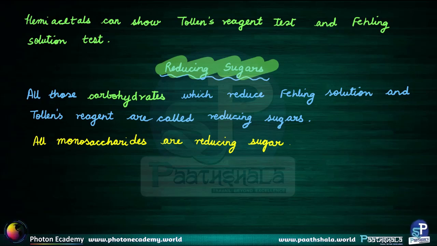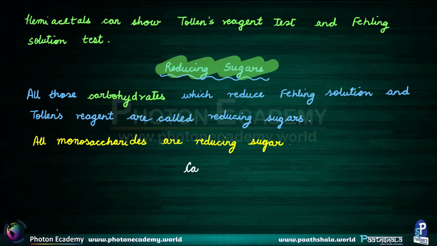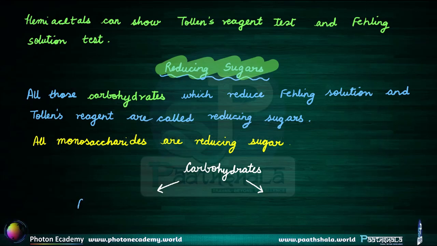And the other one are non-reducing sugars, of course. So all the carbohydrates that we will have within this chapter, I can classify them into two categories, namely the reducing and the non-reducing sugars. The reducing ones will be the ones which give both the Tollens test and the Fehling's solution test, and the non-reducing sugars will give none of them.